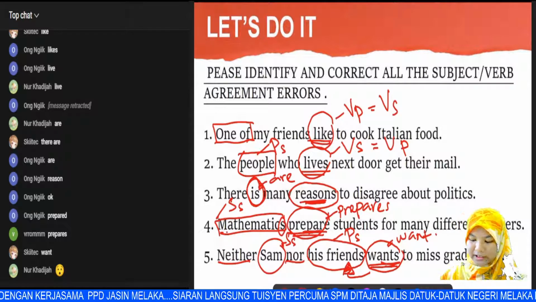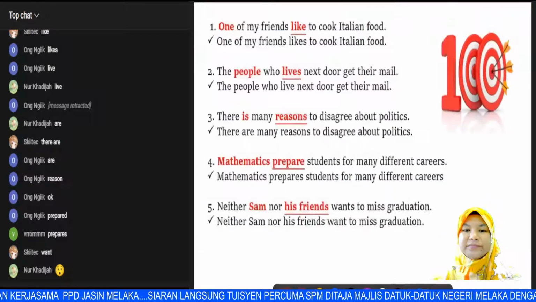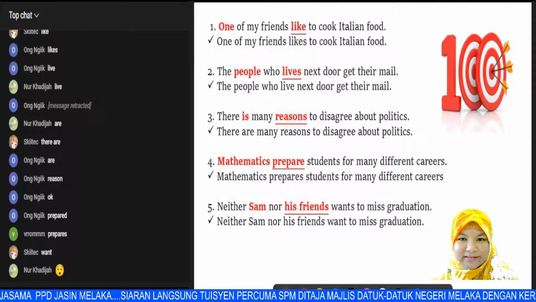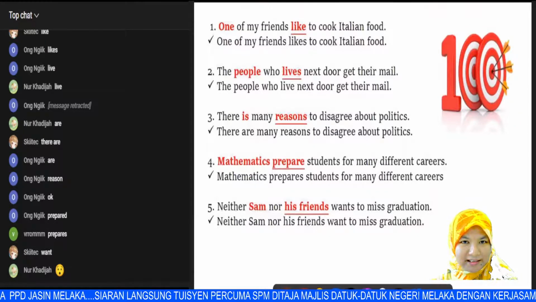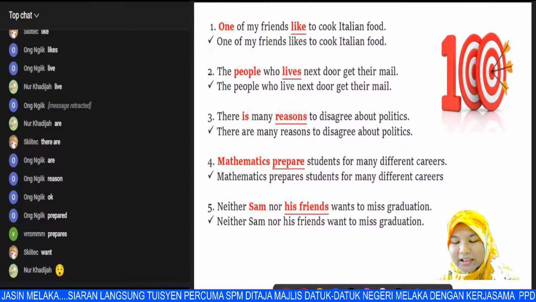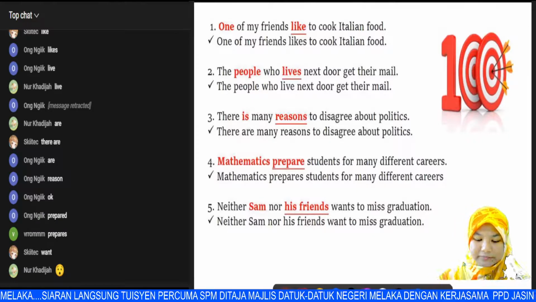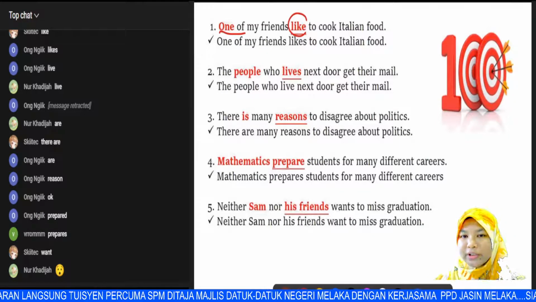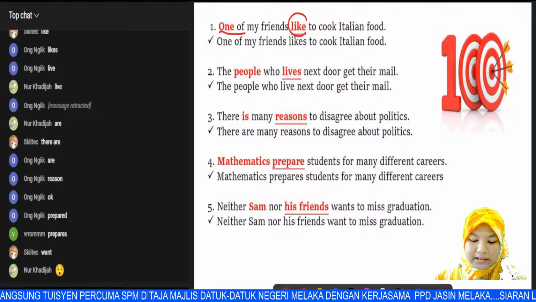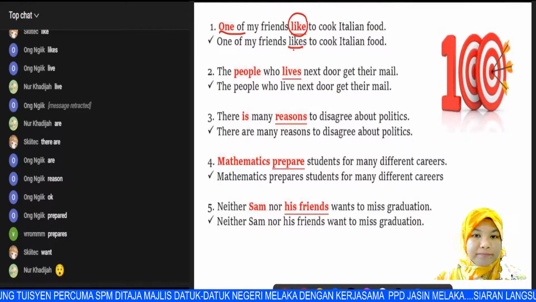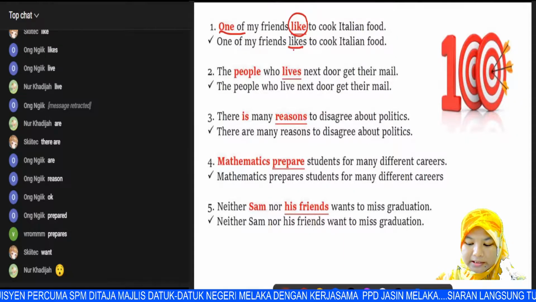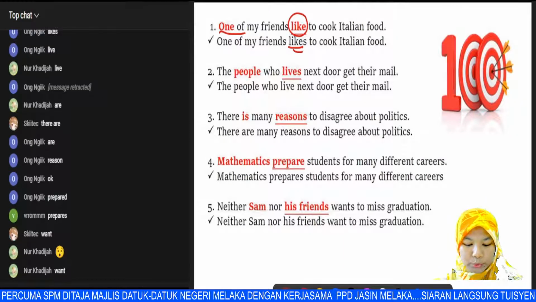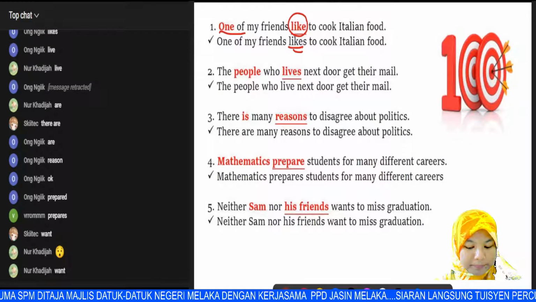Okay, let's check the answer here. This will be the answer. For number 1, the keyword is one of, and the error is like. So you need to change the verb like to become likes, and it becomes a correct sentence. Number 2, the keyword will be people.